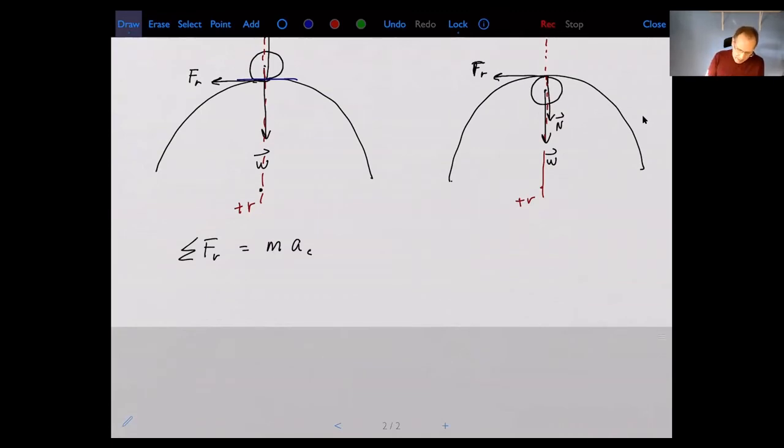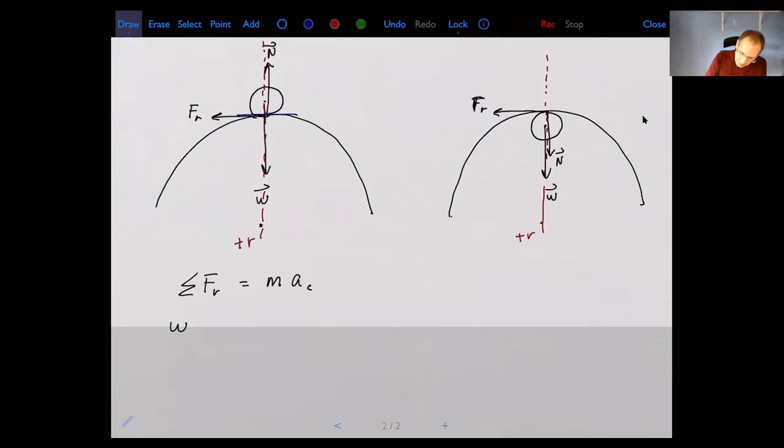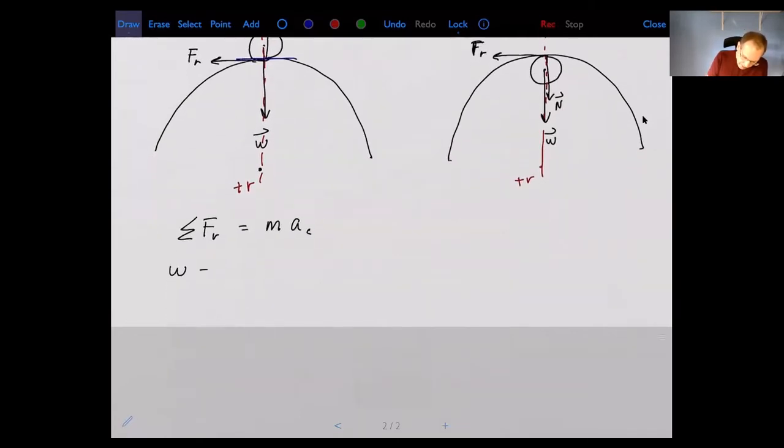Remember I'm calling towards the center positive, so that's positive W. The normal force is acting in the opposite direction, a negative direction in this case, so minus N. And that's got to equal m times the centripetal acceleration, which I'm going to write as v squared over R. In the second case, I have the weight acting down, so it's positive, plus the normal force is also positive, and that's got to equal mv squared over R.